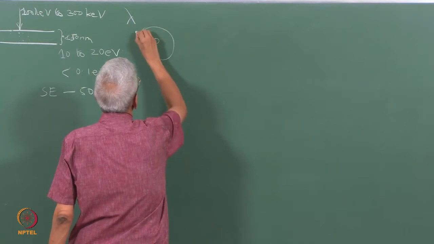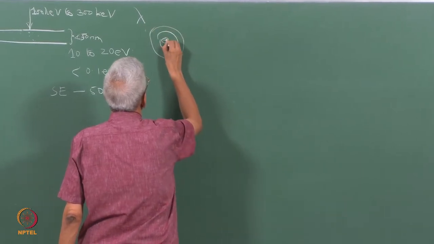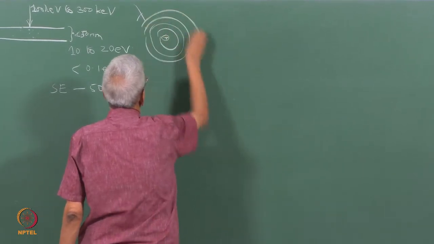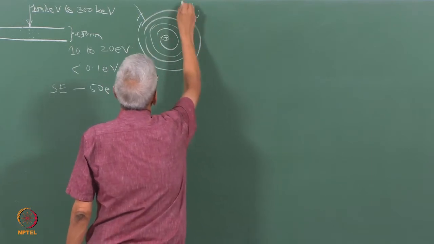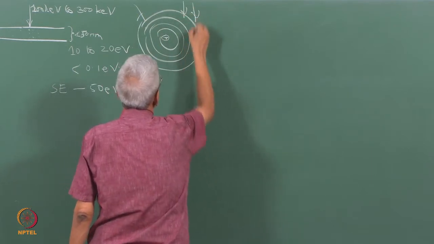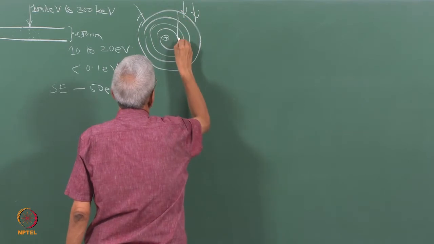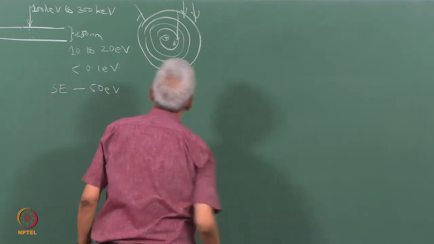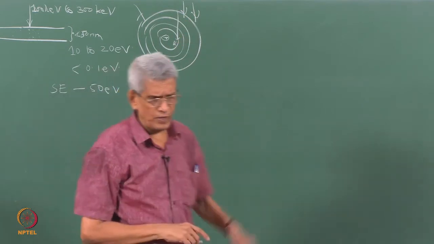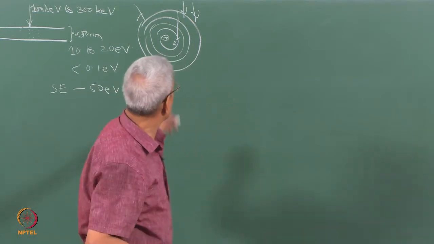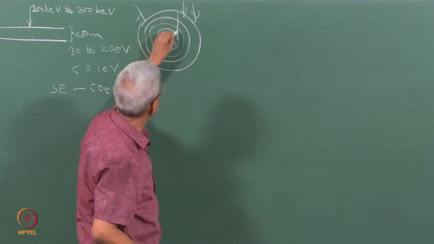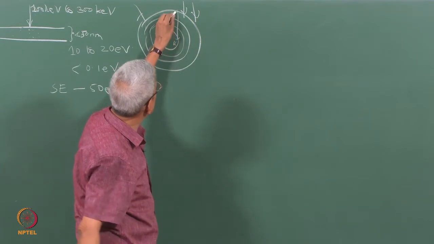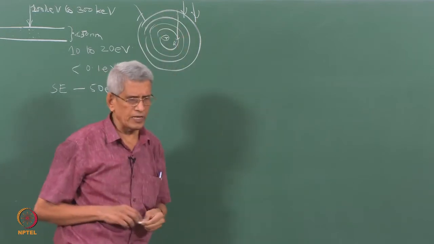There is the positive charge, and electrons are there in various levels. The primary beam could be entering anywhere. Suppose it comes very close to this electron, which is a K shell electron. In the process, when it comes from here to here itself, it can lose some energy interacting with the outermost electron.